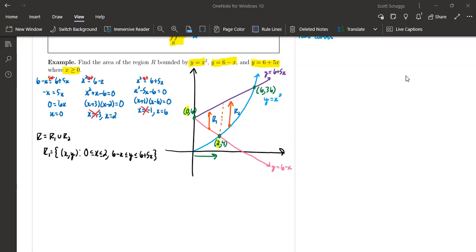Now we repeat that process for R2. In R2, again, x is going from point to point. So I ask the same question: what is the smallest x value and what is the largest x value? Given the intersections that we found, the smallest x value is 2, and my largest x value is 6.